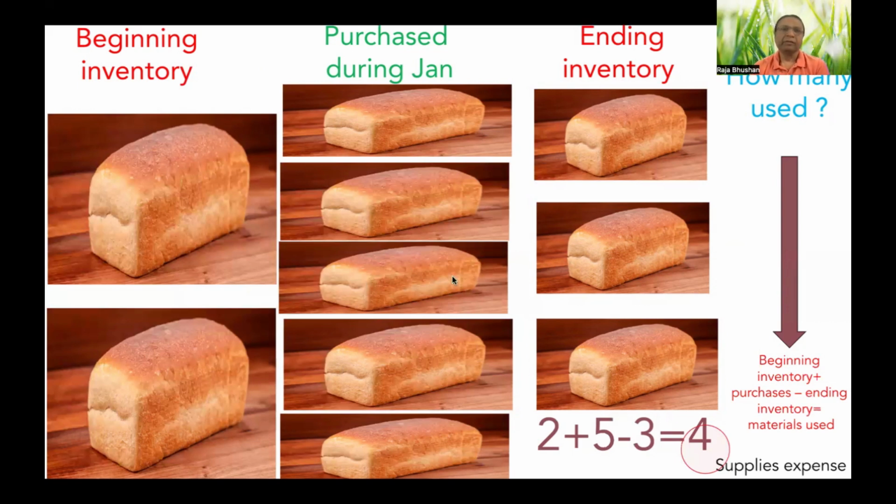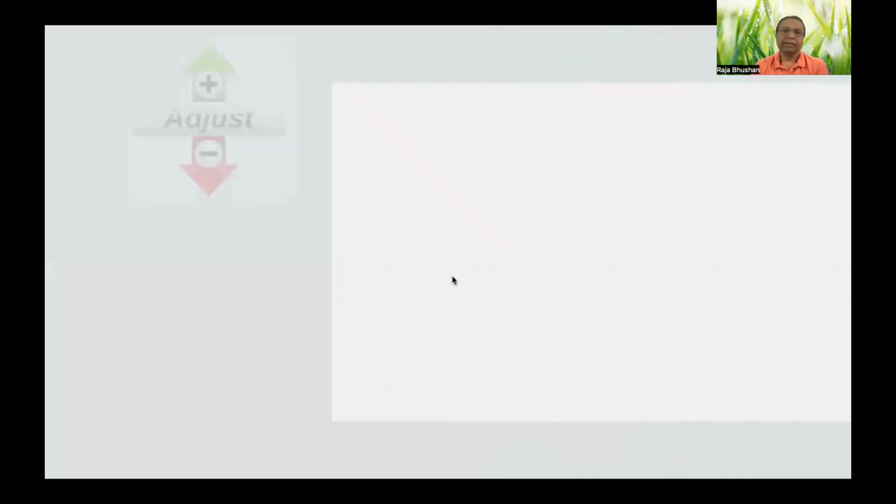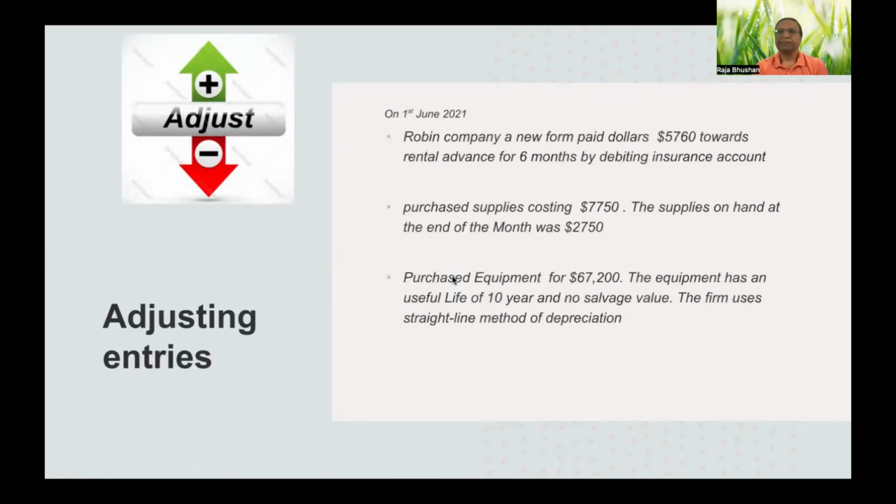Okay, so now let us take one example of a real life case wherein Robin and company has paid $5,760 towards rental advance. 6 months rental advance they have paid. Assume that it is a rental advance or insurance.